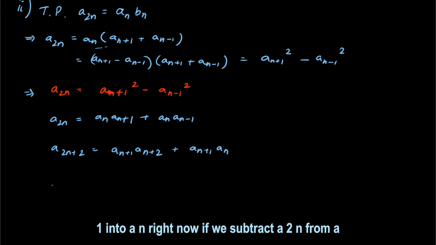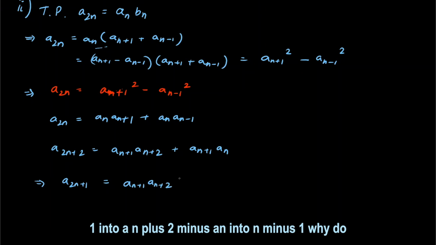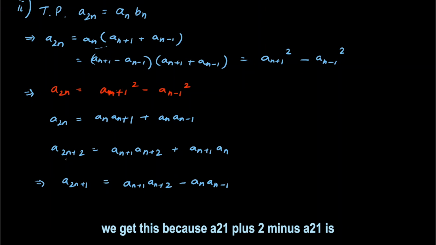Now, if we subtract A2n from A2n plus 2, we get A2n plus 1 is equal to An plus 1 into An plus 2 minus An into An minus 1. Why do we get this? Because A2n plus 2 minus A2n is A2n plus 1 by the definition of Fibonacci sequence, right?